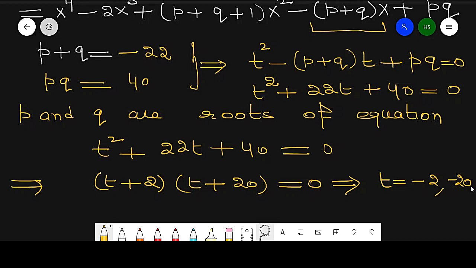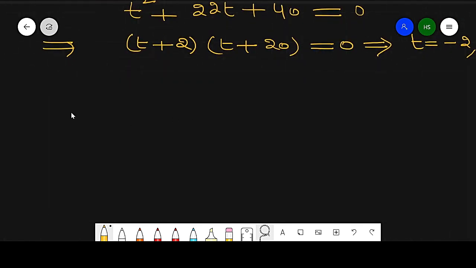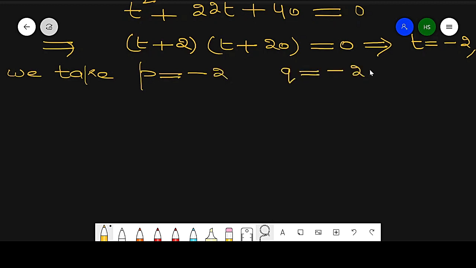So one root is minus 2 and the second root is minus 20. So we take p is equal to minus 2 and we take q is equal to minus 20.